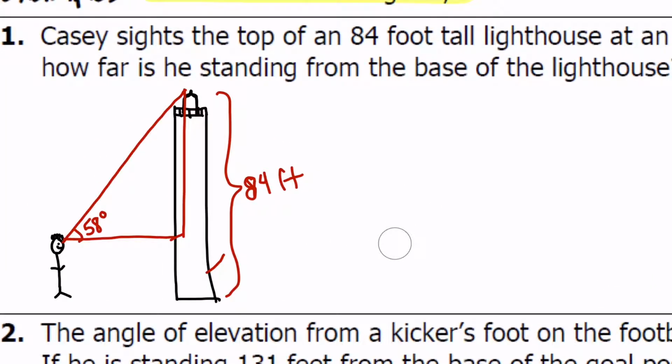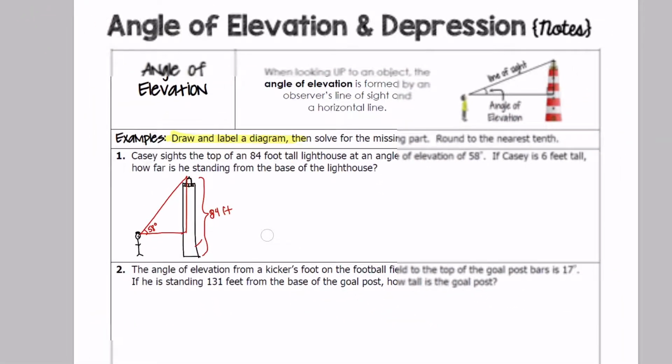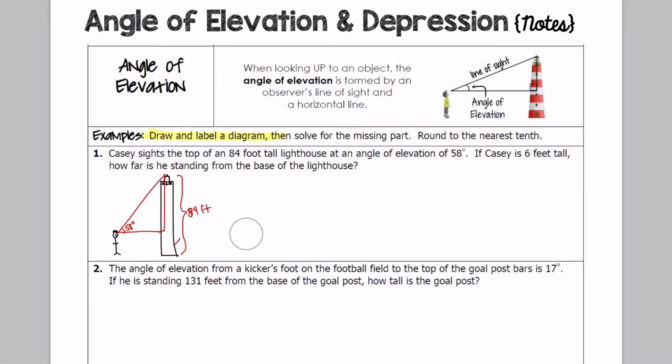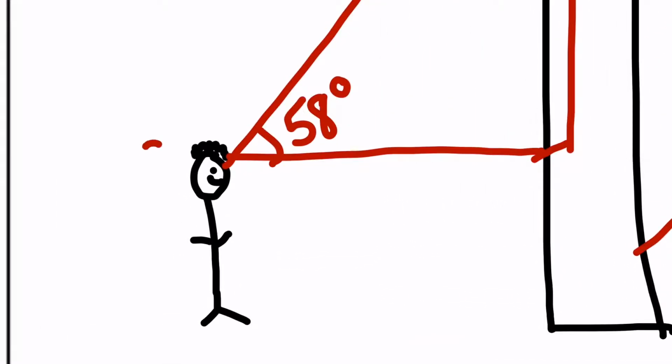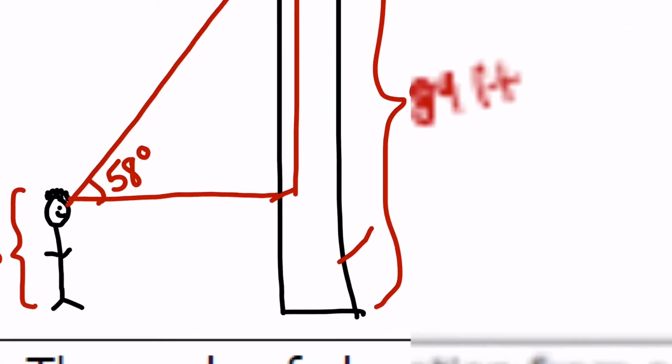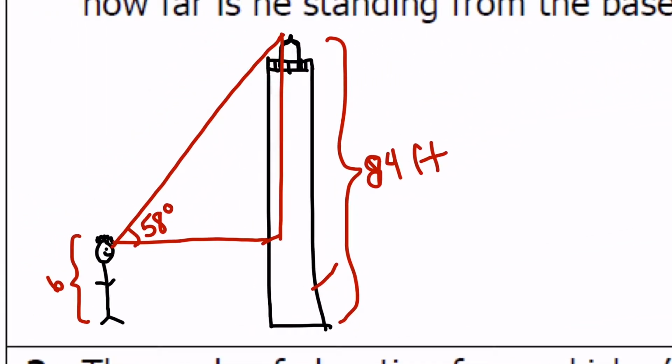I overlapped the image just a little bit, which is fine. If Casey is 6 feet tall, how far is he standing from the base of the lighthouse? All right, so here's Casey, and he's 6 feet tall. We're trying to find out how far he's standing from the base of the lighthouse.